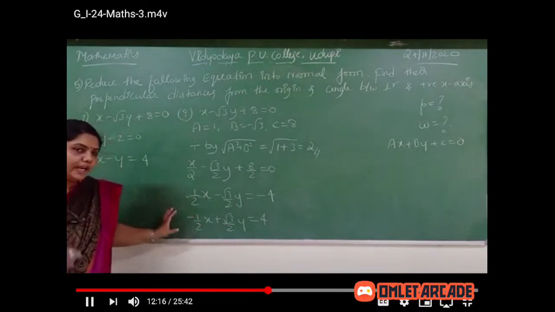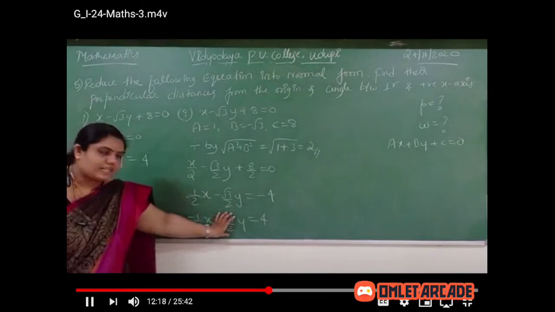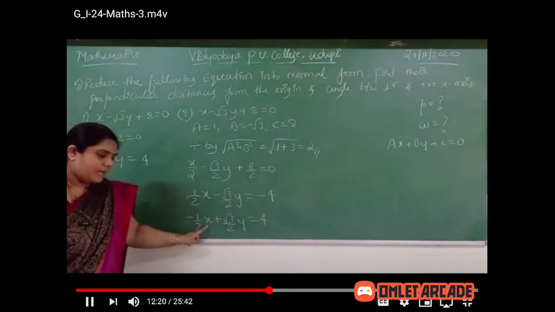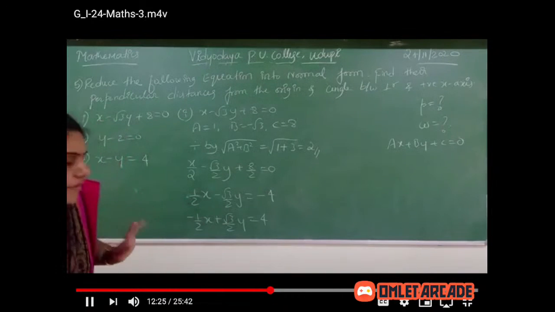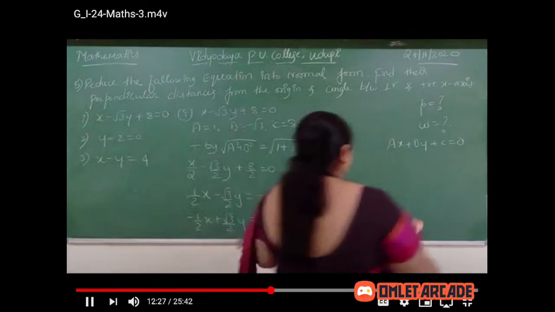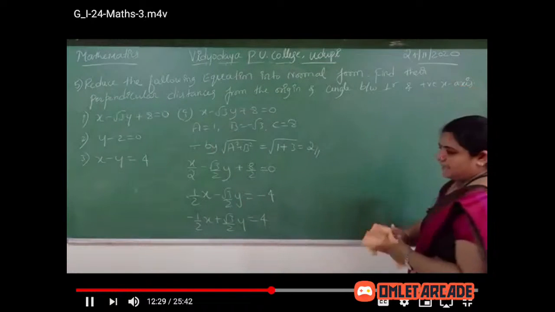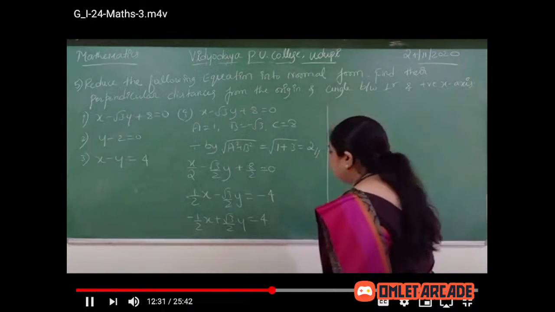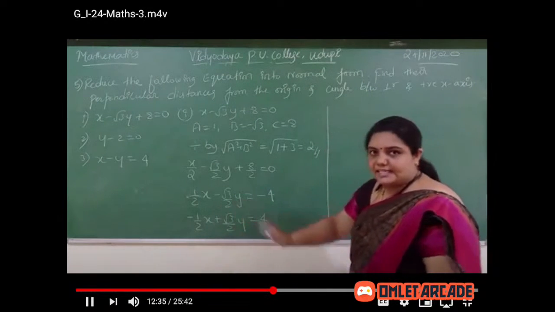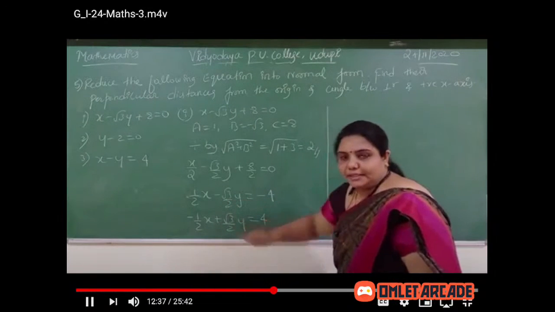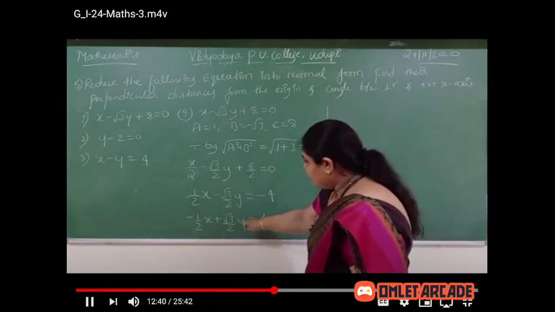Now you have to take a suitable cos omega and sin omega here, isn't it? X should be with cos, Y should be with sin, remember? So you have to find a suitable omega value here, cos omega, sin omega. Let me continue here. What you have is minus half, we'll keep minus as it is. We'll see the positive one, okay? Root 3 by 2y.